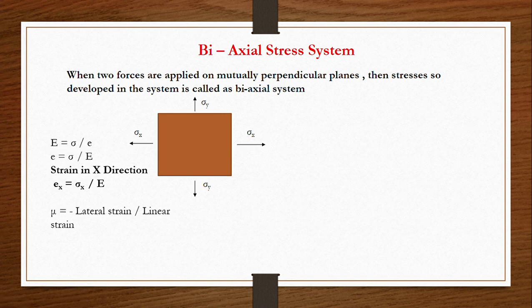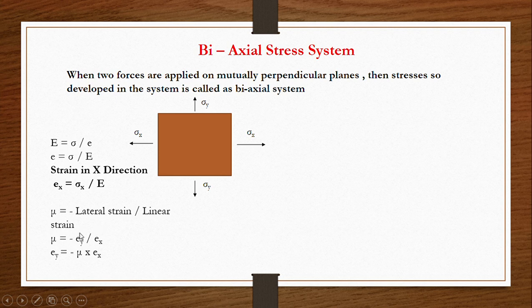The definition of Poisson's law, if you remember, is the ratio of lateral strain to linear strain. So mu is equal to minus, that minus indicating the negative sign, which means the decrease, lateral strain to linear strain. So mu is equal to minus e of y divided by e of x.